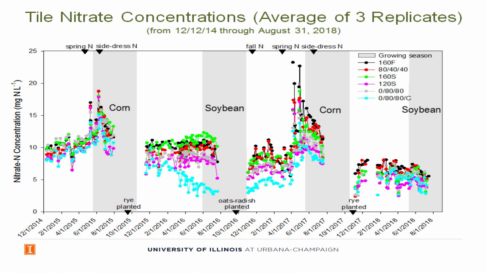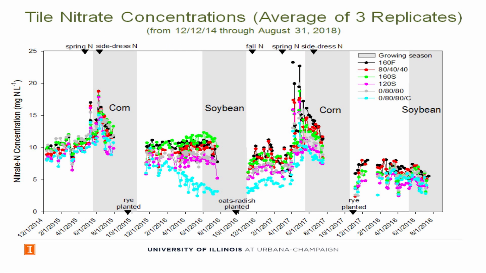We didn't get fall N that year, nor did we have cover crops, so everything is spring N. And you can see if it rains after we put spring N on, we can have tile nitrate increase. But that first warm winter gave us a very dramatic effect of reducing tile nitrate with the cereal rye, and there was even a carryover benefit.